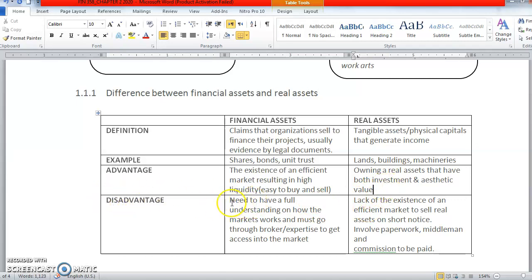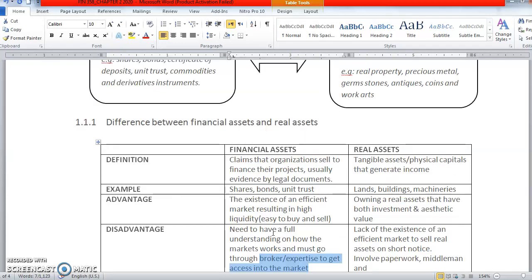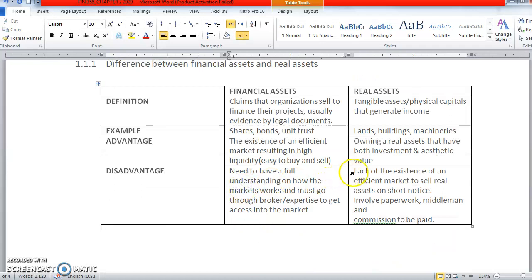Kekurangan atau disadvantage financial asset, kena ada full understanding before you keep buying and selling. Of course, kena dapatkan nasihat pakar atau expertise lah. Because tak semua orang mahir dengan shares, dengan keadaan bond, dengan everything yang happens dekat luar sana lah, especially di Bursa Malaysia, right?